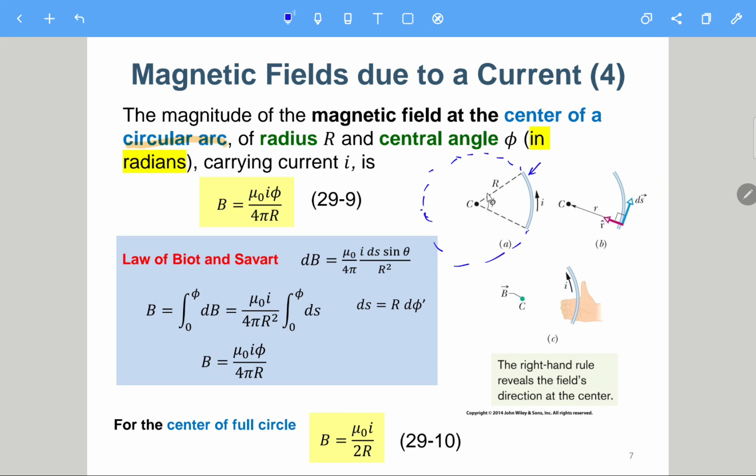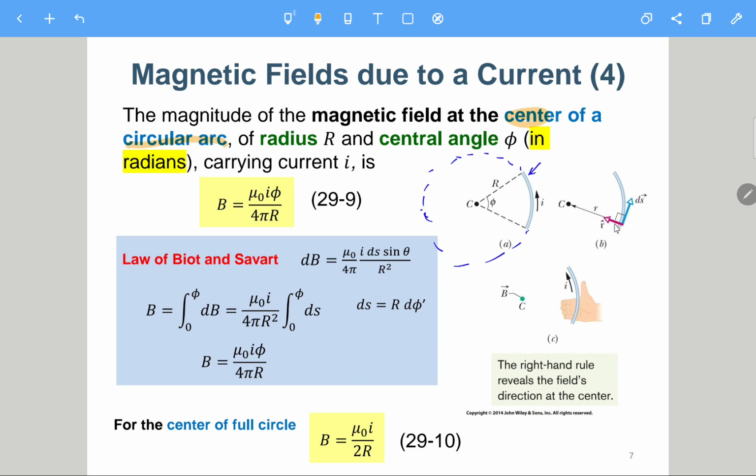and the central angle is phi in radian, and then we will have B equal to mu 0 I phi over 4 pi R. Here we have the current going counterclockwise, so ds will point this way, and B is the magnetic field at the center.